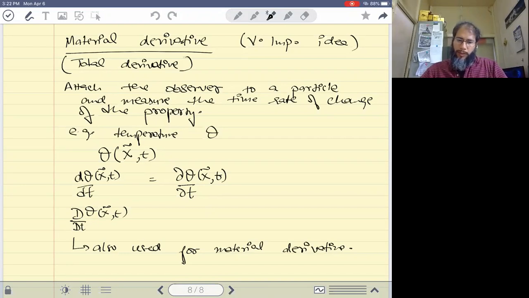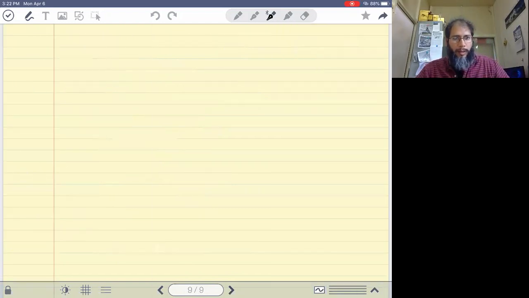Okay, so I hope the idea is clear, that it's the time rate of change of a property if you measure the change sitting on some particle, which is denoted by capital X. Now, in many cases, it is more intuitive to use the Eulerian description of motion.